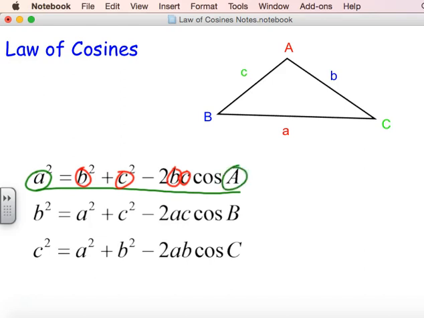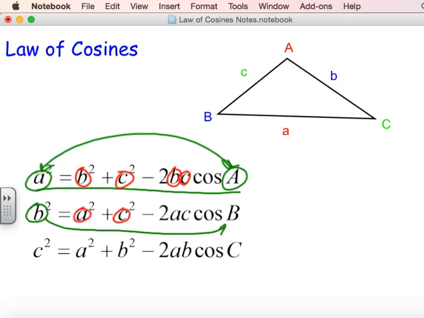Notice that if we want to find side A, this is going to be angle A. So those are going to match. Okay, you can see the same thing down here. If we want to find side B, then at the end we're going to do cosine B. And in between, we'll have the other two sides, A squared and C squared, and then 2 times A and C. So it's always the side and angle that match up, and then in the middle, you're going to use the other two sides for your squareds and to be multiplied by 2.